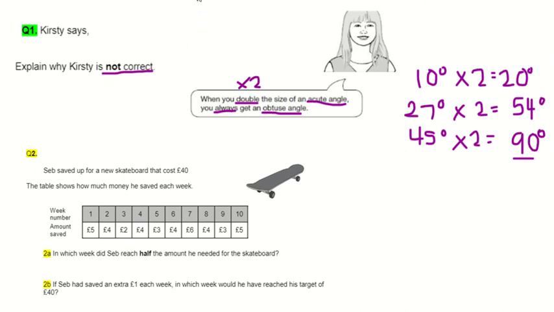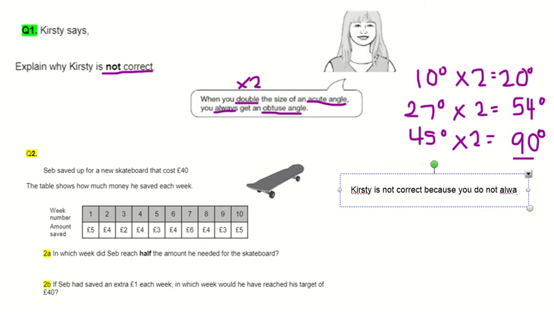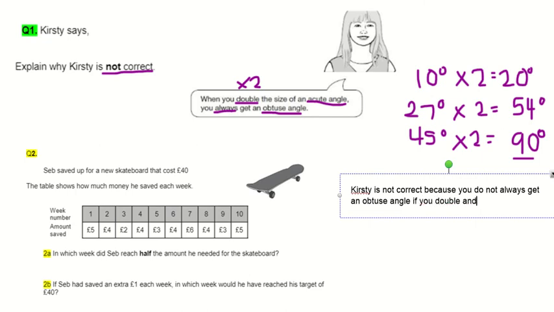Now it says explain, so I'm going to need to write a short sentence to explain why Kirsty is not correct. So Kirsty is not correct because you do not always get an obtuse angle if you double an acute angle.